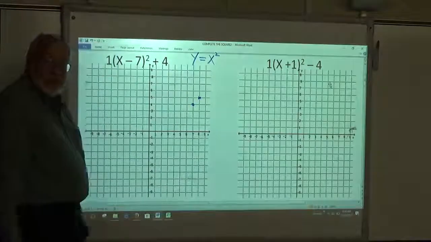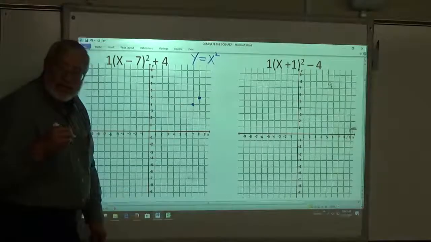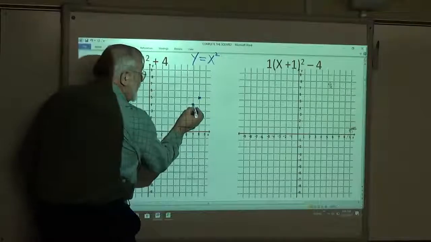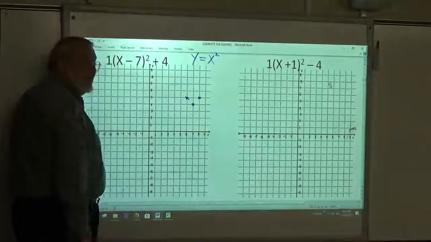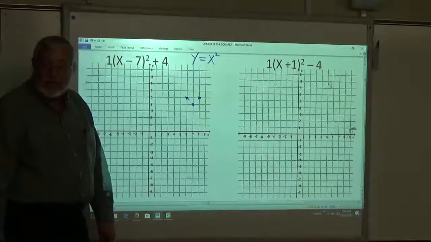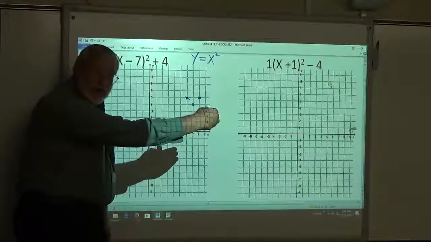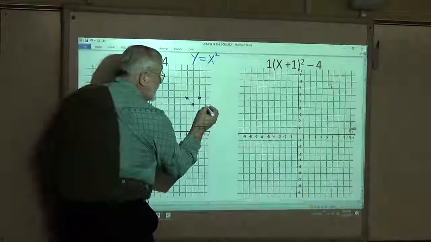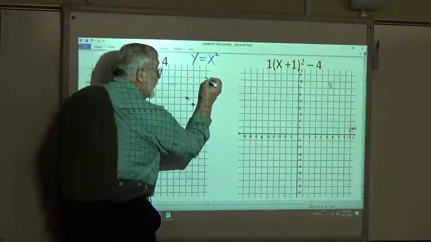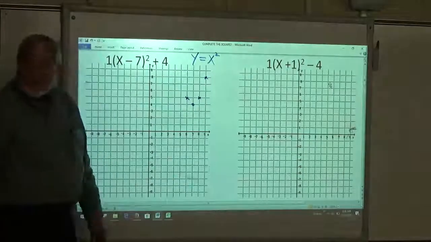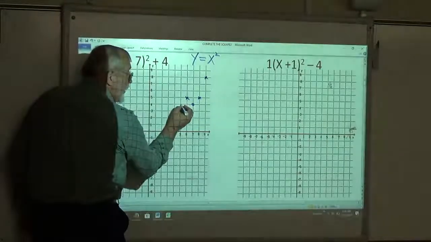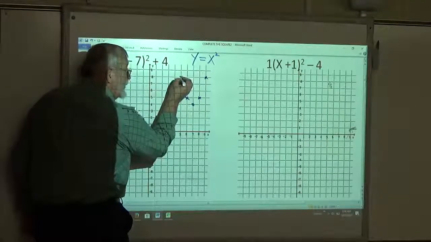What is negative 1 squared? 1. So if I go back 1, I go up 1. What happens if I go over 2? What's 2 squared? 4. So if I go over 2, I go up 4 from the vertex. If I go back 2, up 4.